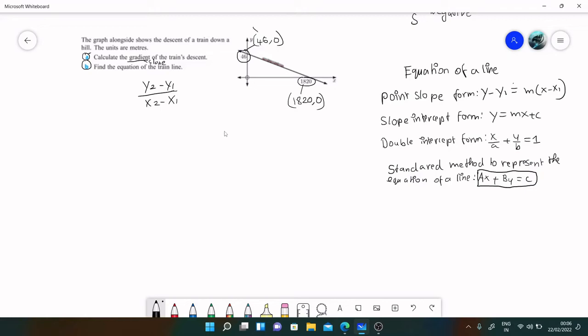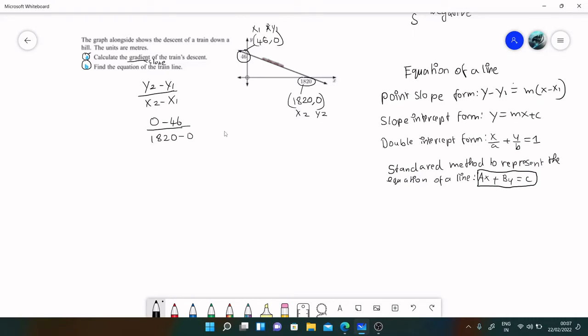So let us just say this is x1, this is y1, this is x2, this is y2. y2 minus y1, so 0 minus 46, divided by 1820 minus 0.